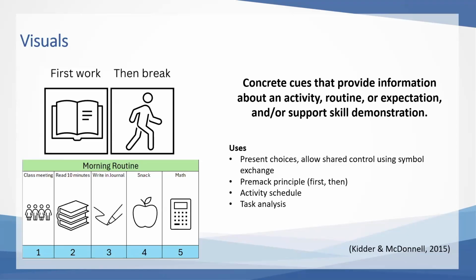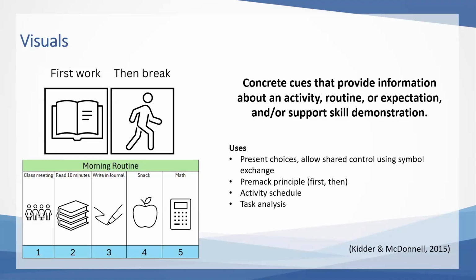For example, using symbol exchange, a student can use a card to request an item or activity, which builds communication and reduces frustration. We can also use strategies like the Premack principle or the first-then approach or Grandma's rule, where a student sees first they have to complete a task and then get access to a preferred activity. And this helps with motivation and task completion.